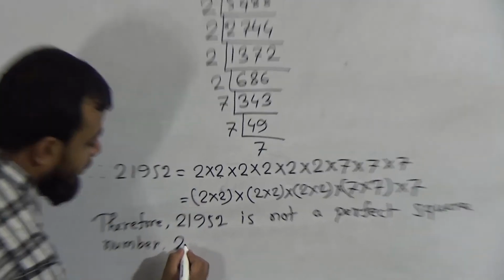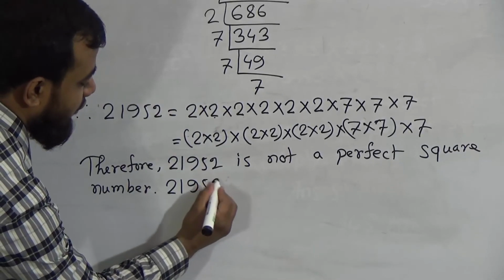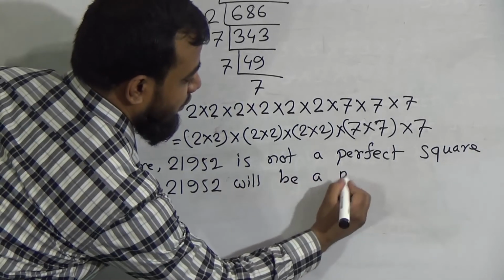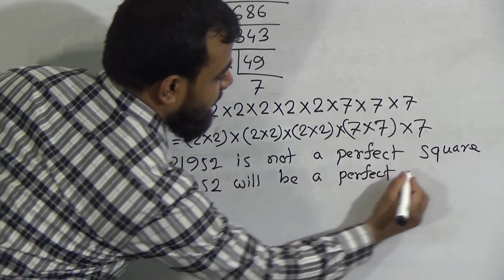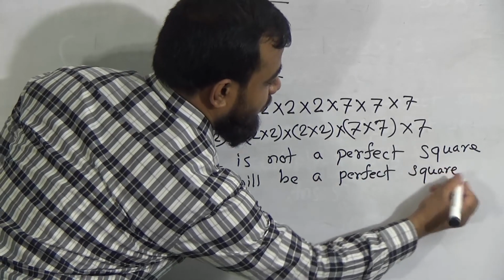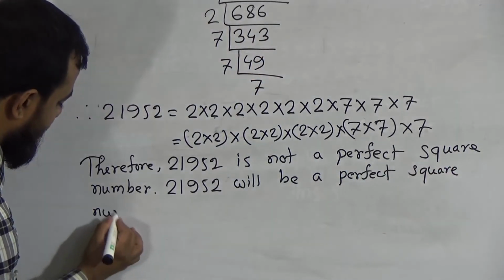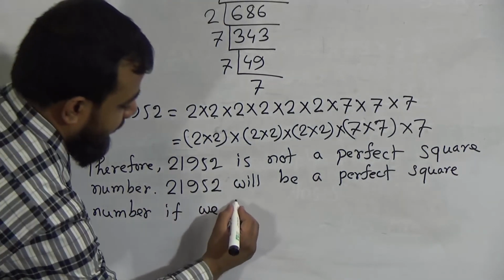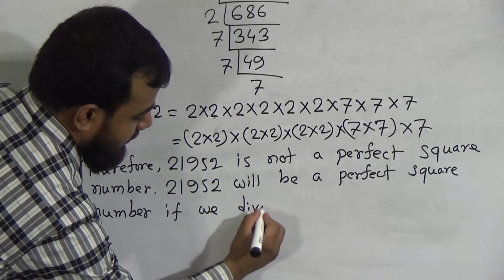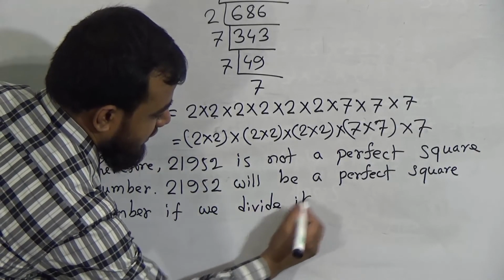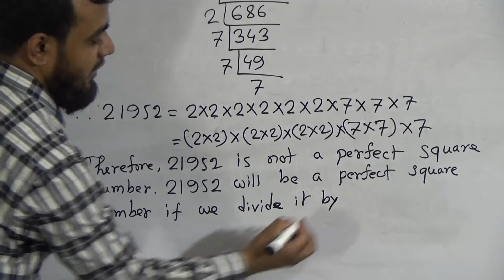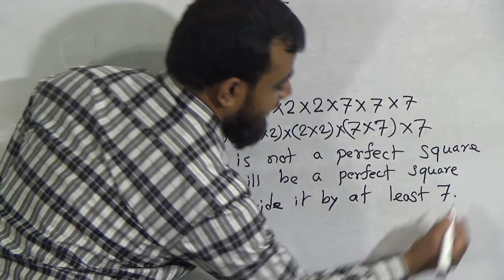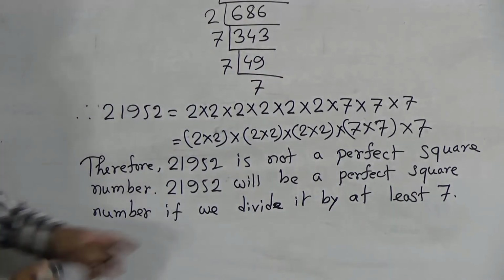So 21,952 will be a perfect square number if we divide it by at least 7.